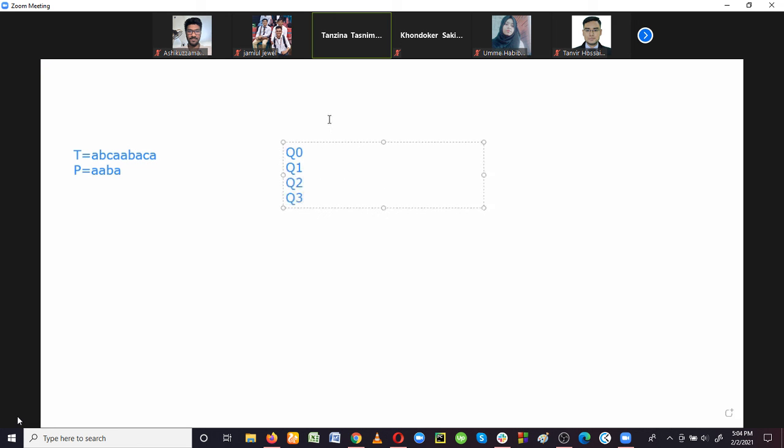And here the values are A, B, and X. So for Q0, it's Q1, Q0, Q0. And for Q1, if it receives A, then it will be Q2, Q0, and then Q0. For Q2, it's Q1, Q3, Q0, and for Q3, pattern found, then Q0, Q0.